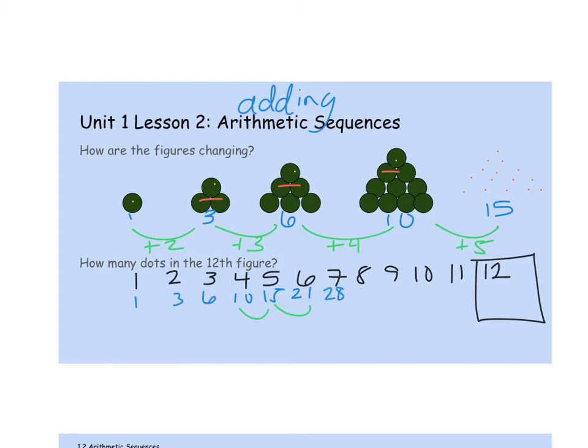And then I'm going to add on 8. That'd be 36. I'm going to add 9, 45. Then I'm going to add 10, 55. Add 11, 66. And then add 12, 78. There'd be 78 dots in that 12th figure.